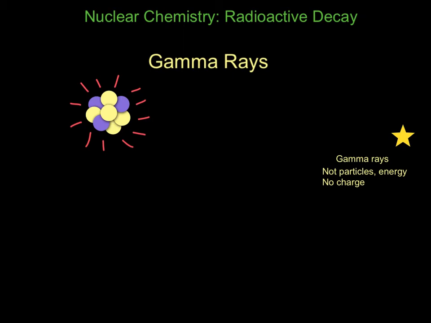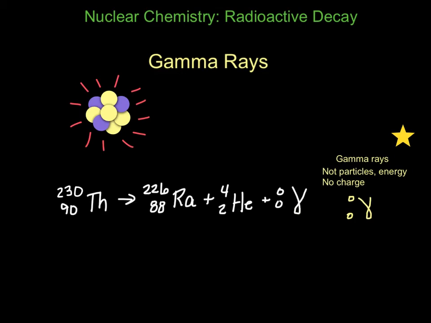So we represent gamma rays with the Greek symbol gamma and a 0 and a 0 to represent that it has no mass and no protons, because it isn't actually matter, it's just energy. So a radioactive decay equation involving a gamma ray might look something like this.